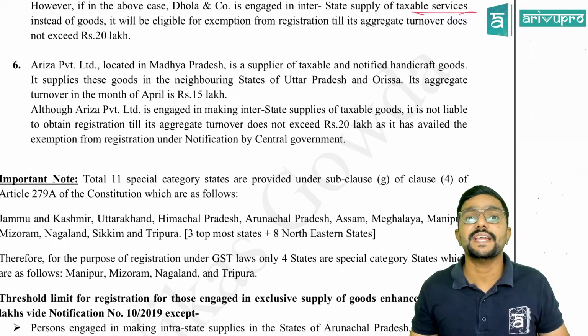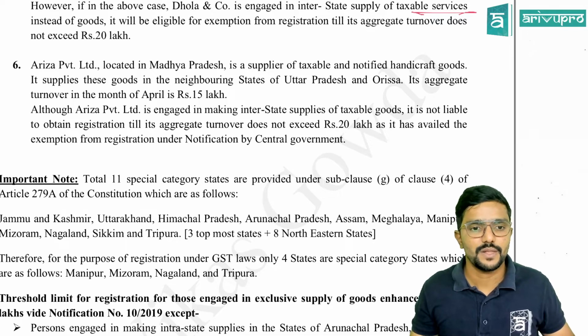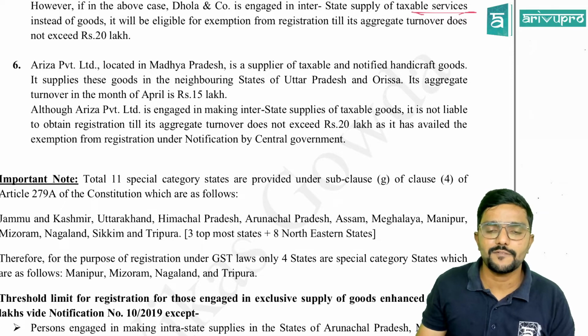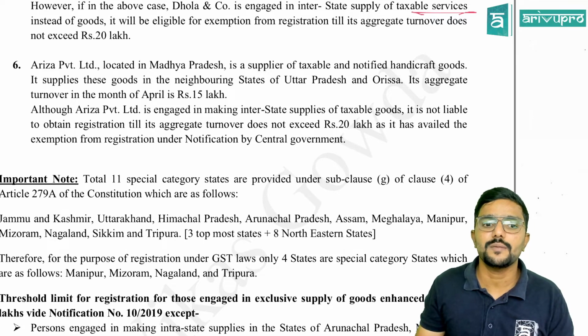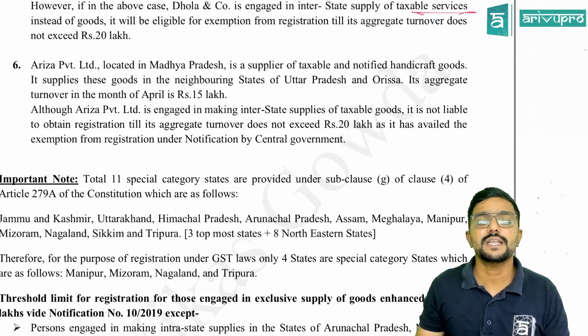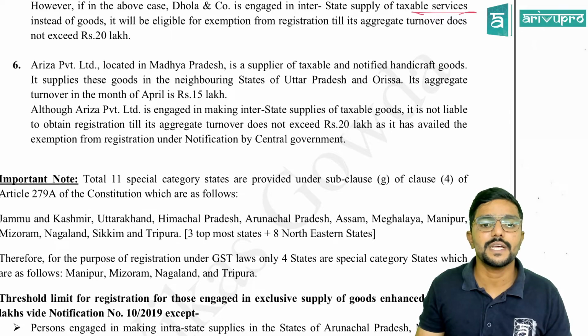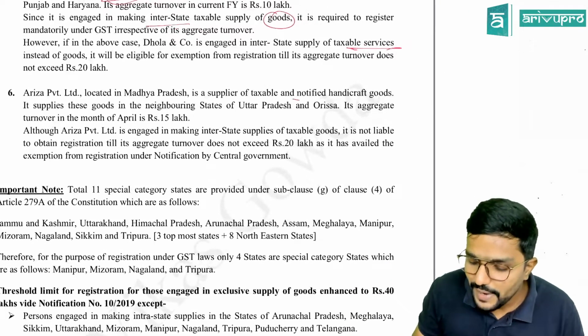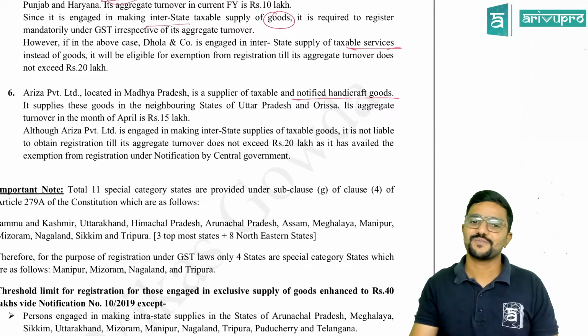So they are providing interstate outward supply, guys. Although Ariza Private Limited is engaged in making interstate supply of taxable goods, it is not liable to obtain registration till its aggregate turnover does not exceed 20 lakh, as it has availed the exemption from registration under notification by central government. Why? Because it is supplying handicraft goods.